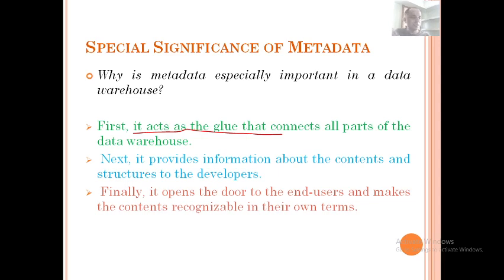So what is that? It provides information about the contents and structures to the developers. Got it? If you want to develop a database, these are the fields, so you can have them.